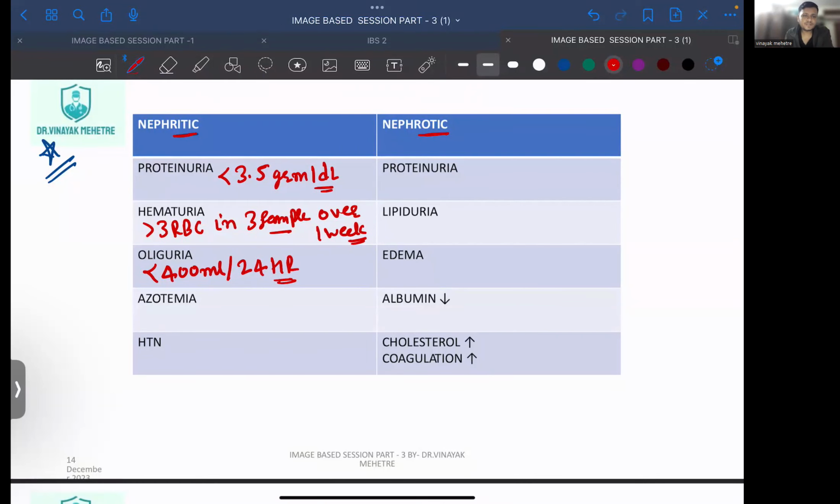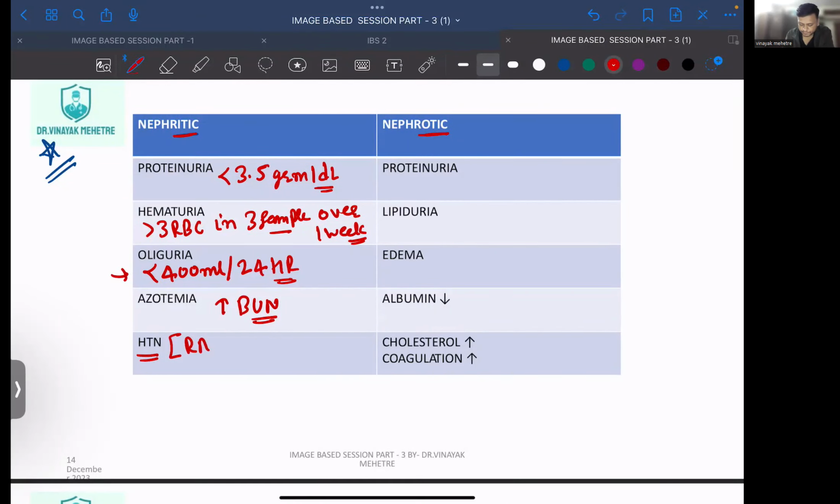What is the meaning of azotemia? Increase in blood urea nitrogen. Right? Increase in blood urea nitrogen. How it is going to decrease the urine output in nephritic syndrome? Anyone? Remember, hypertension क्यों हो रहा है इस पेशेंट को?